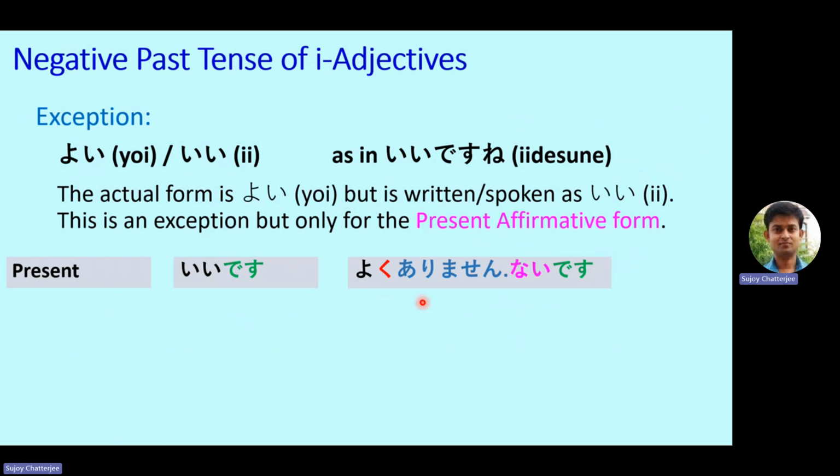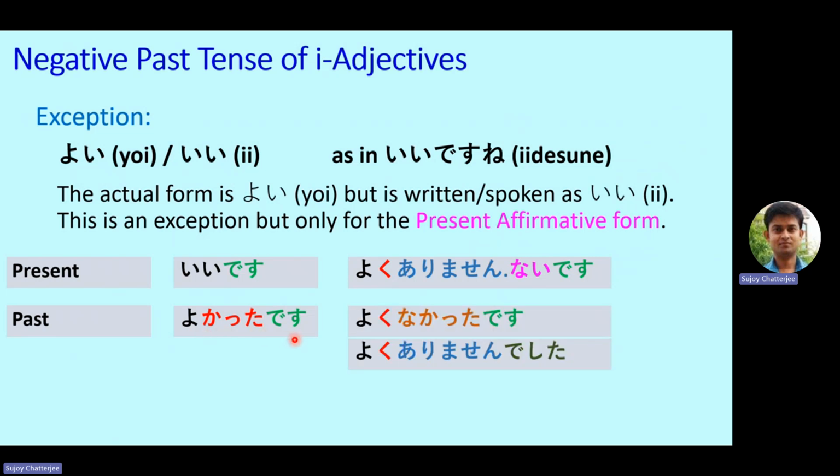It follows the same rule. Now in the past tense, yoi becomes yokatta desu. Again, there is no exception here, unlike the present form. Similarly, we remove the i and we add katta. So i is replaced with katta: yokatta desu. So this is the past tense.